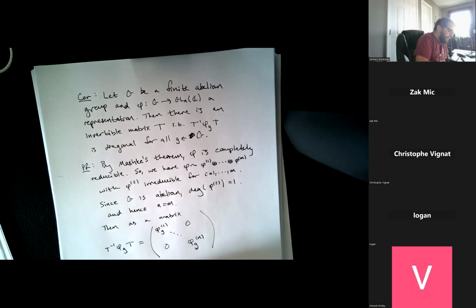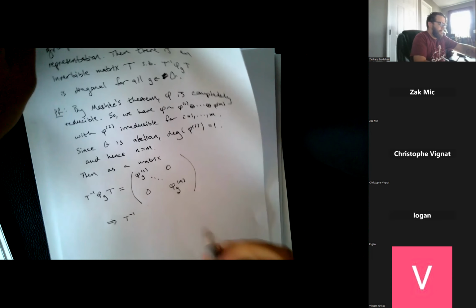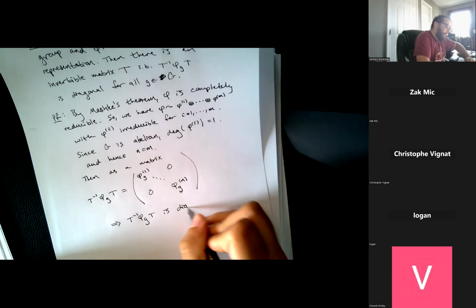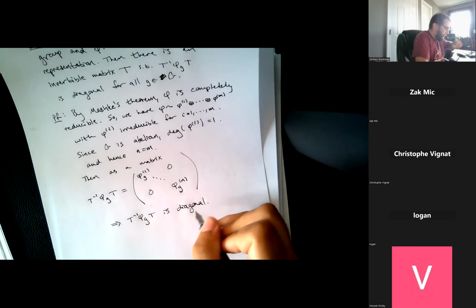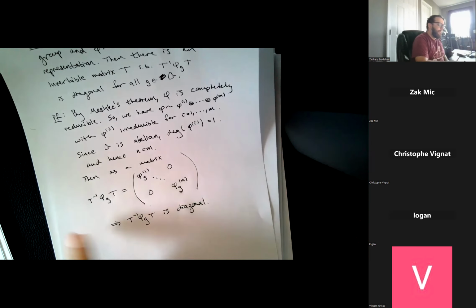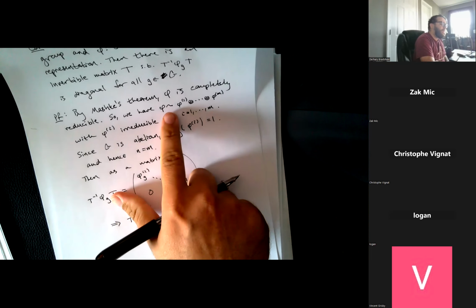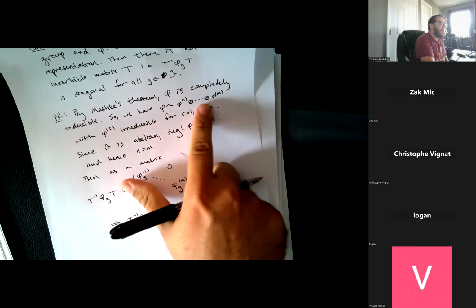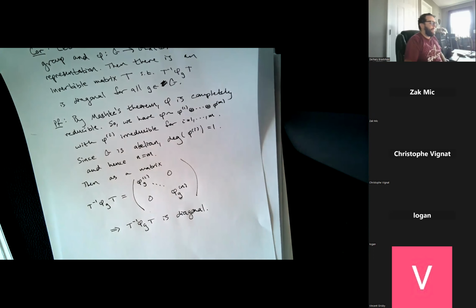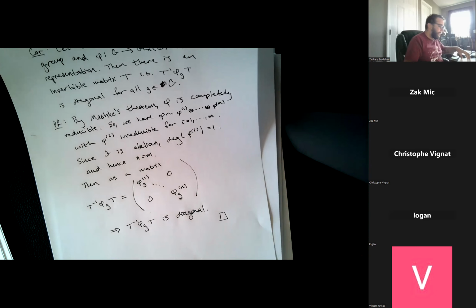That implies T inverse phi G T is diagonal. Oh, sorry, I didn't say what T was. T is the map that gives the equivalence between phi and the direct sum here. Such a thing exists because we know these are equivalent. And so that completes the proof.